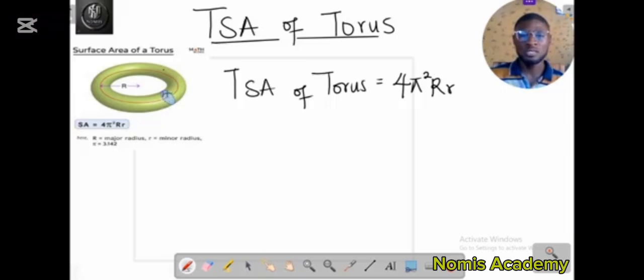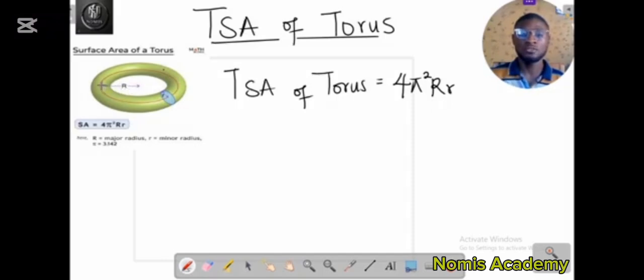So since the internal structure of the torus is circular and the external structure still makes it look circular, we have a major radius and a minor radius. The one that tells us the radius at the bigger part is the major radius and the internal part is the minor radius. So R, capital letter R, is used to denote the major radius.